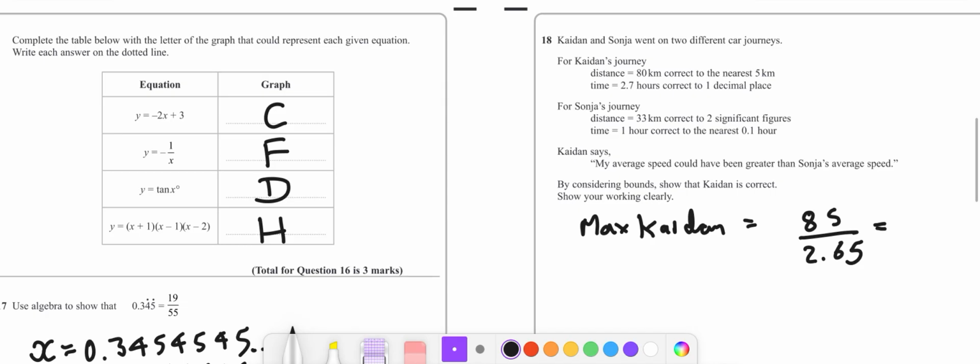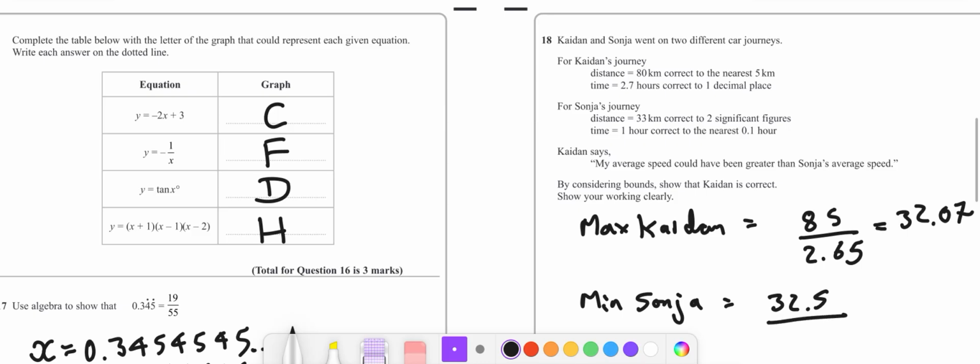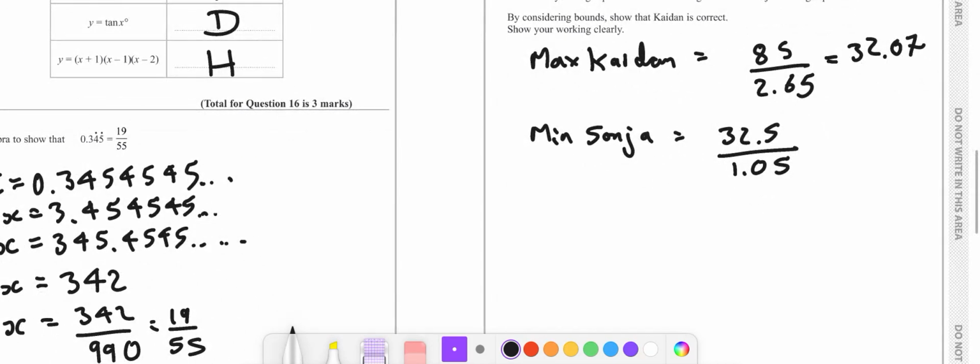So then that's the maximum Kaiden is 32.07, and the minimum for Sonia is 33 to 2 significant figures, so minimum we want is 32.5, and the maximum here is 1.05. So 32.5 divided by 1.05 is 30.95.